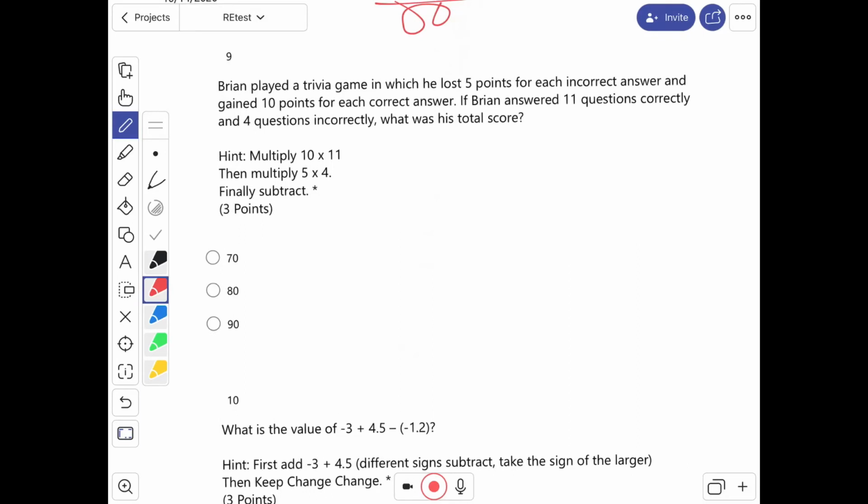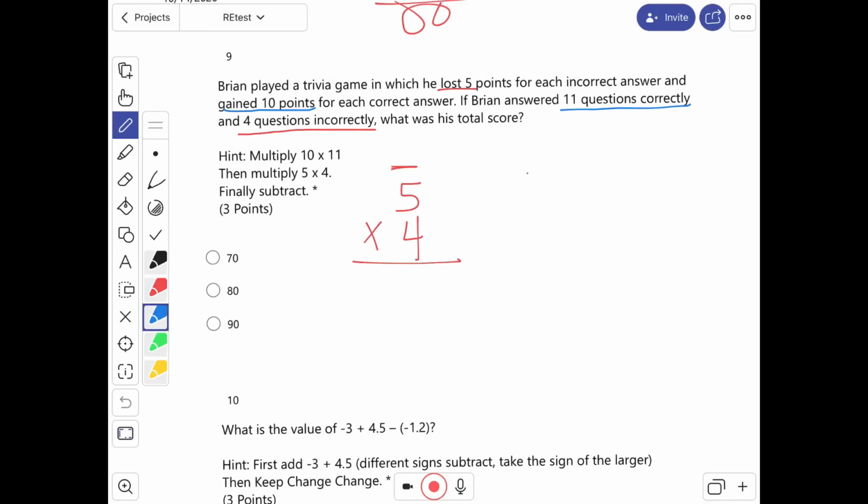Number 9. Brian played a trivia game in which he lost 5 points for each incorrect answer and gained 10 points for each correct answer. If Brian answered 11 questions correctly and 4 questions incorrectly, what was his total score? So he's losing 5 points, and it happened 4 times.